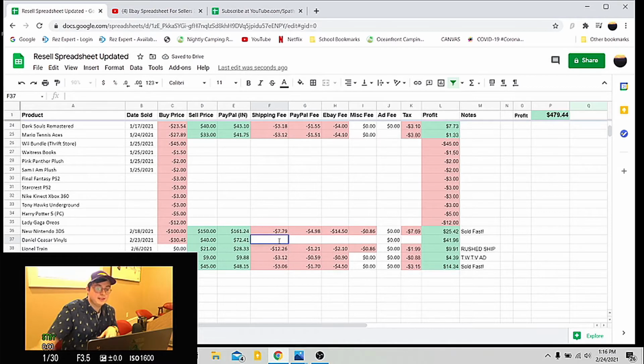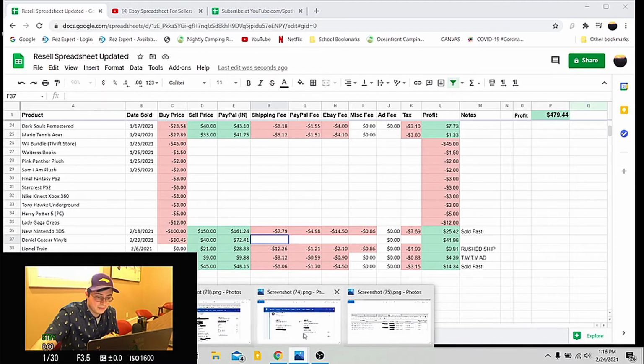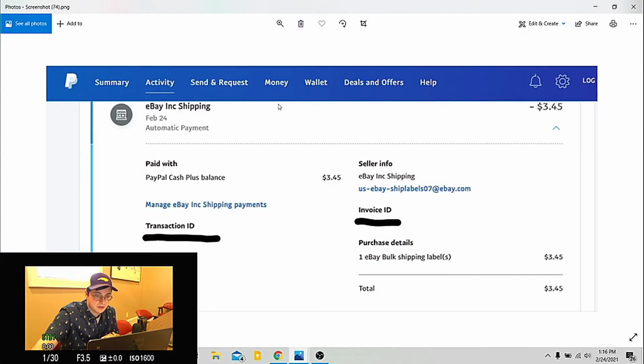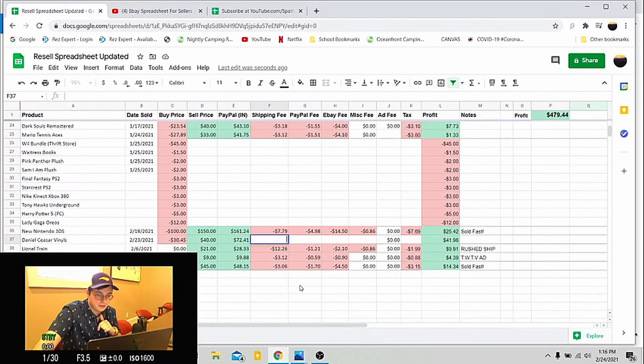The shipping fee, that is what you, the seller, actually paid to ship out the item. To see that here, I went to my very next PayPal transaction, which was me paying eBay for its shipping fee. You can see here it cost me $3.45 to ship out that vinyl. That is a little bit lower than what you'll normally come across, just because vinyls are considered medium mail and you do get a pretty heavy discount for that.